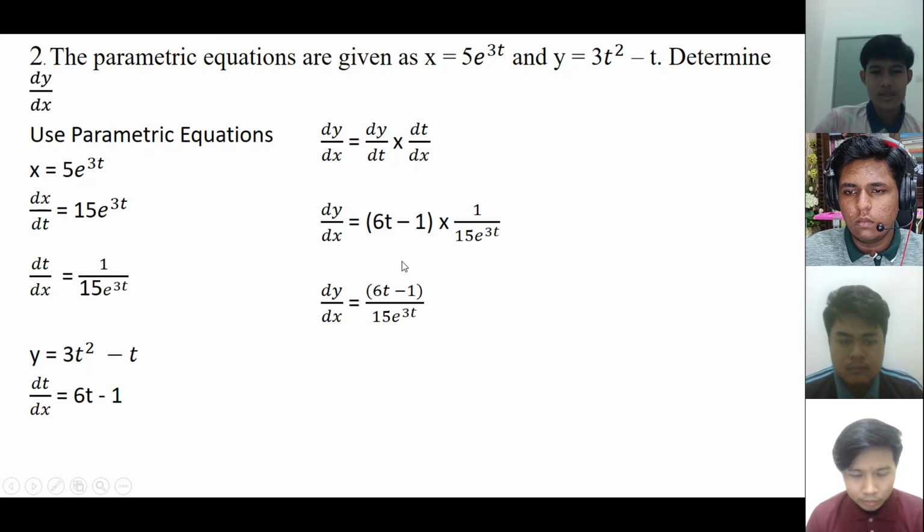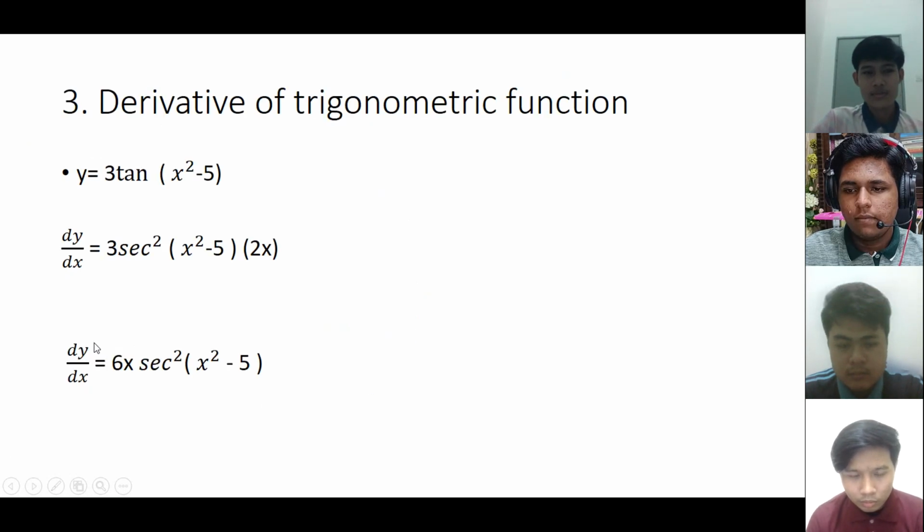And then the final answer is dy over dx equal to 6t minus 1 over 15 exponential 3t. That's all. Okay.